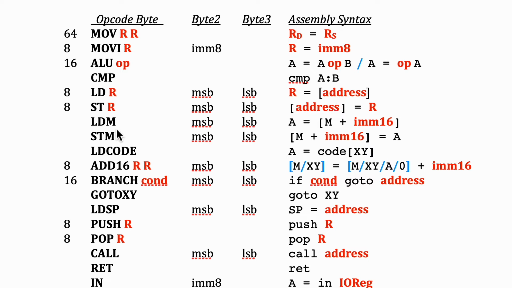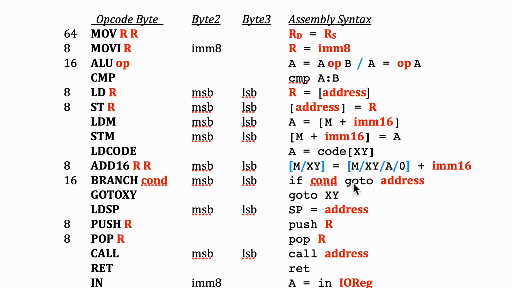And we talked about the load M and store M instructions, which find the address in the M register and add an offset to it. And in some cases, the offset could very well be 0, in which case we're just using M as an index register. And we have an ability to load from the flash memory using the XY register. And then we have the 16-bit addition instruction, add 16, which is capable of doing several different kinds of things.